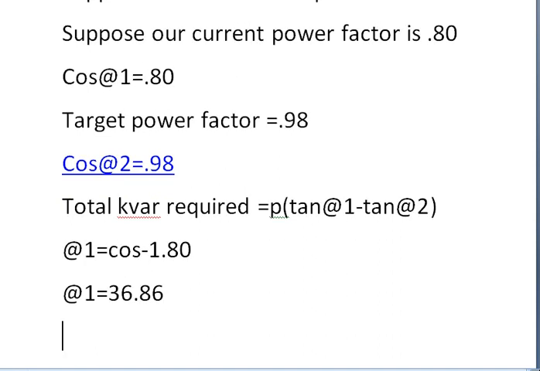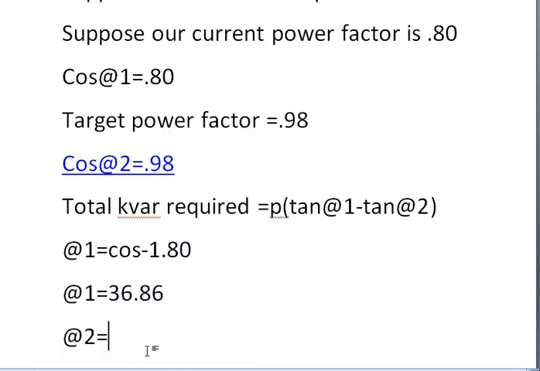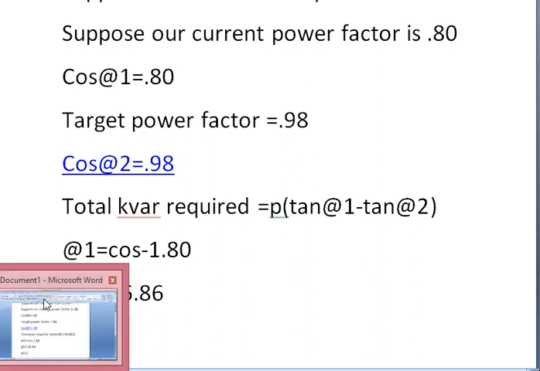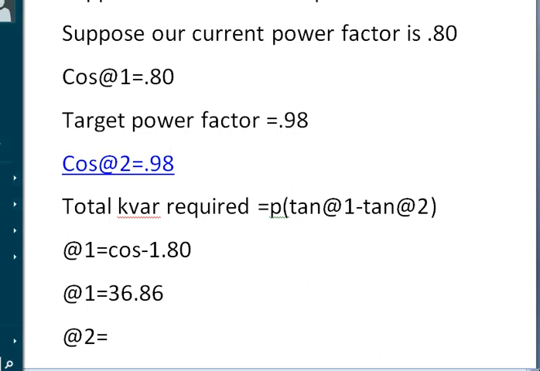And phi 2 will be cos inverse of 0.98. Let's take the inverse of 0.98 on the calculator.